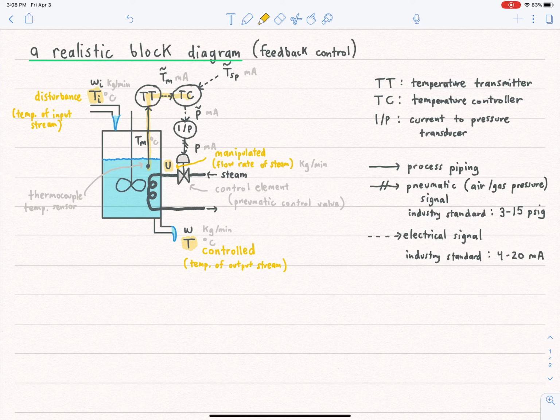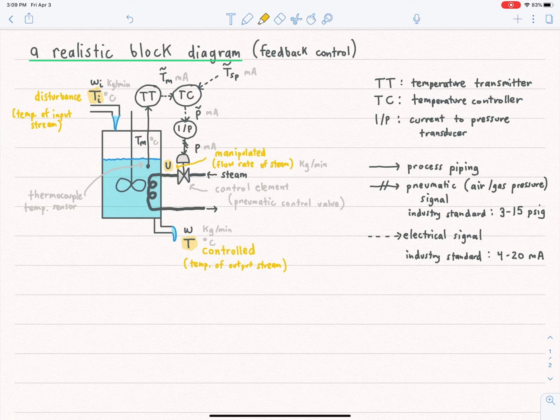And based on the error, the controller spits out a value for the pressure, but it's in the format of an electrical signal. But then the current to pressure transducer converts that electrical signal into an actual pressure, which then adjusts the flow rate U, okay? So this is a more realistic control system that includes many different compartments.